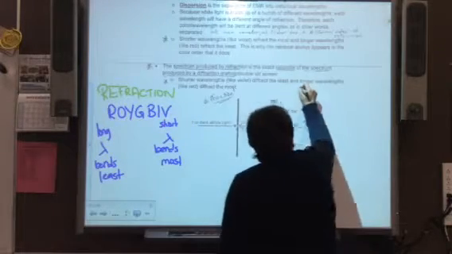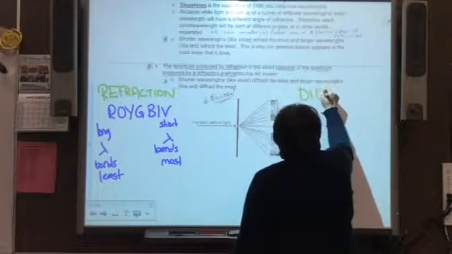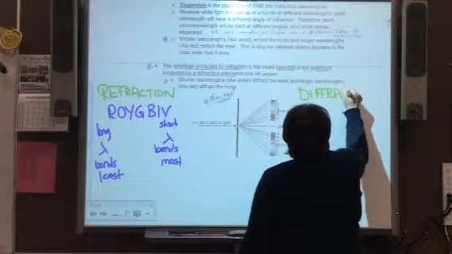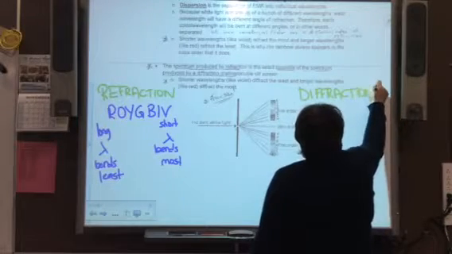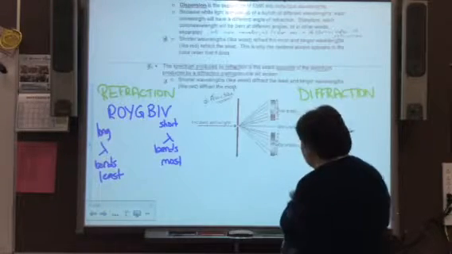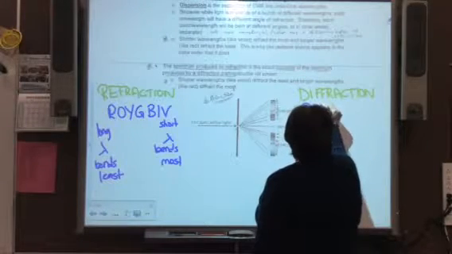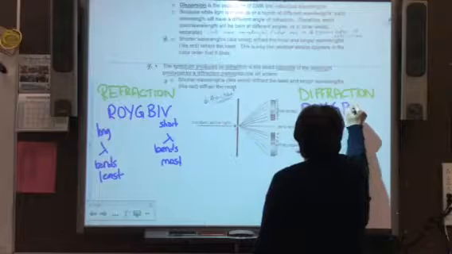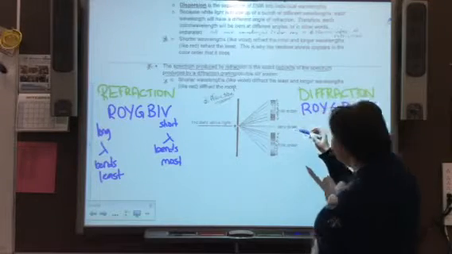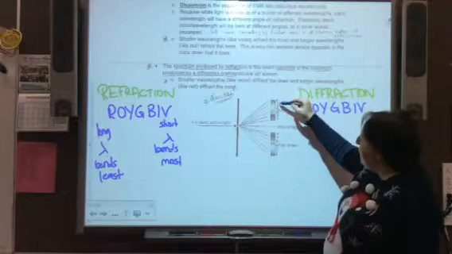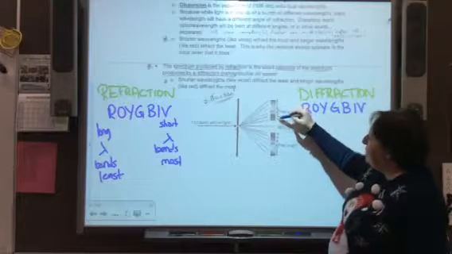Well, over here for diffraction, we still see Roy G. Biv, we still see red, orange, yellow, green, blue, indigo, violet.